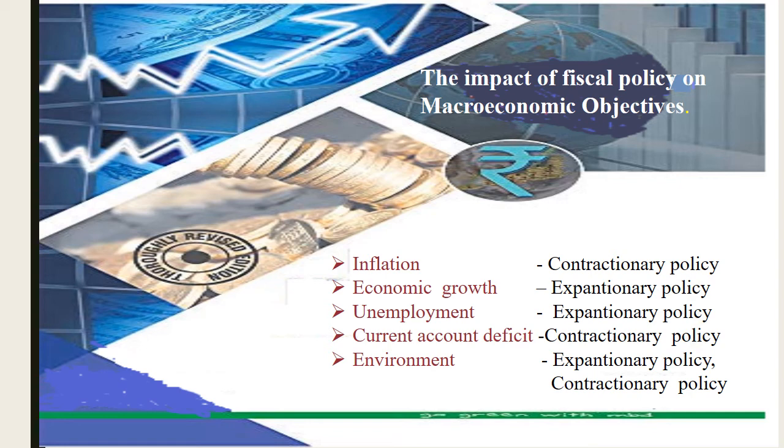It means the government needs to increase aggregate demand and aggregate supply in the country to come to the boom stage on the business cycle, achieving economic growth. At the same time, unemployment can be reduced as the government expenditure increases on construction projects.